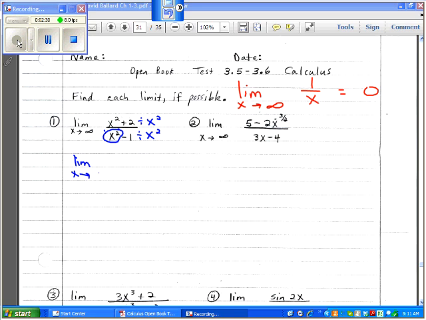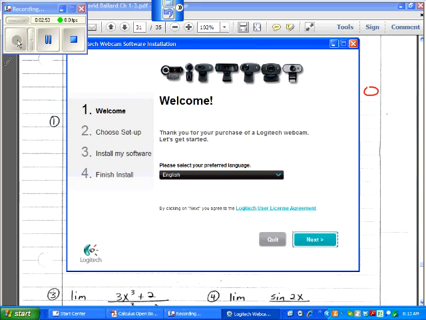We would have the limit as x approaches infinity of x squared over x squared plus 2 over x squared, over x squared over x squared minus 1 over x squared. You see we've divided the numerator and denominator by x squared.